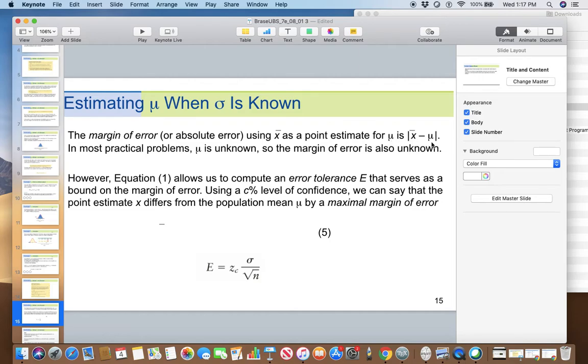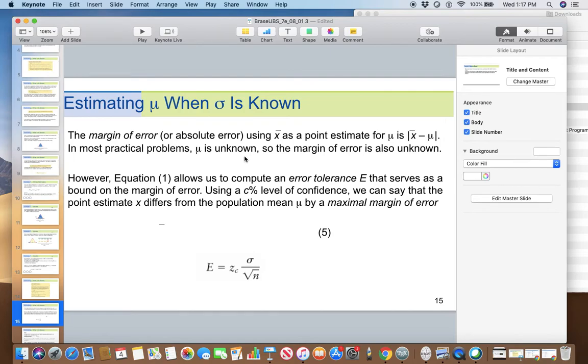So this is called margin of error. It is the difference between mu and your sample mean. Take absolute value just to make sure you don't have a negative difference. So that absolute value of x bar minus mu is called margin of error.